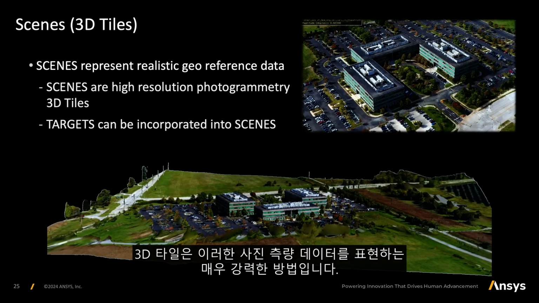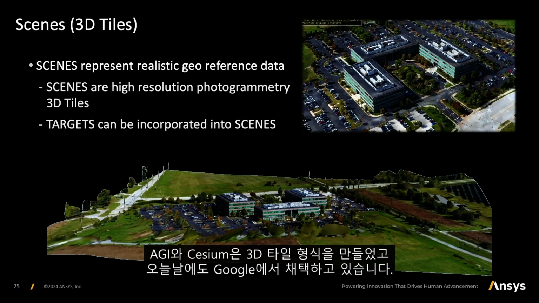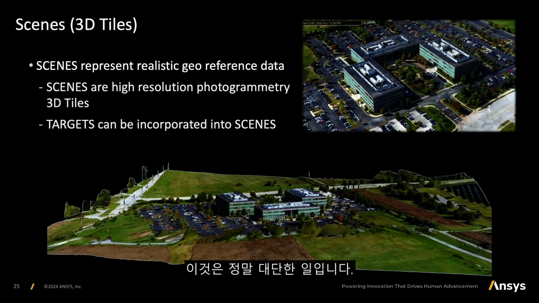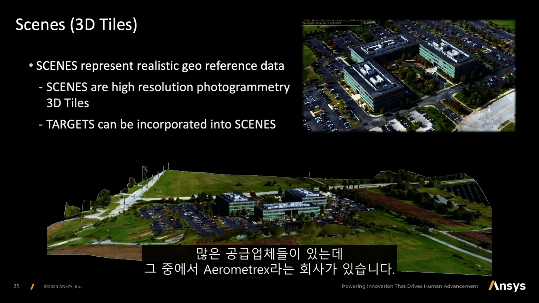3D tiles are an extremely powerful way of presenting this photogrammetry data. AGI and Cesium created the 3D tile format, and it's even being adopted today by Google, which is a really, really big deal. Getting this data is very difficult. There are some great vendors out there, a company called Aerometrics.